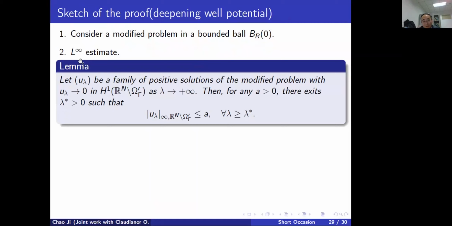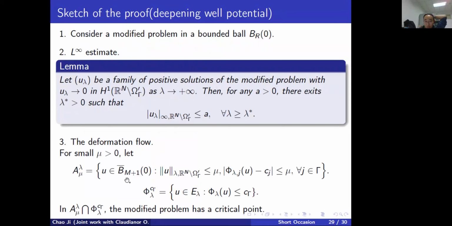So we should do some L infinity estimate in order to prove the solution of the modified problem is a solution of the original problem. If u lambda is a family of positive solutions of the modified problem, we can get this L infinity estimation.